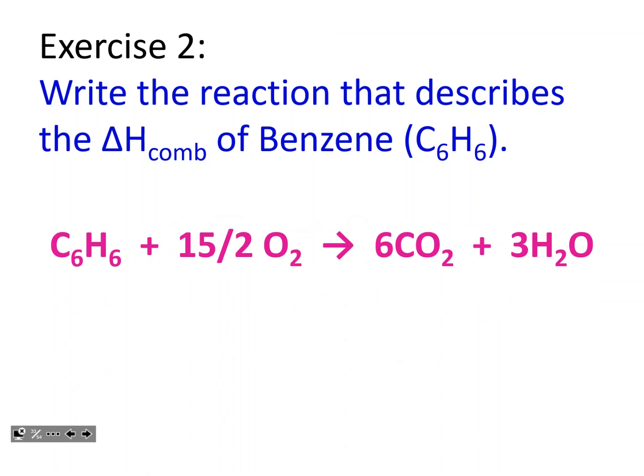Once again, these are for formation and combustion. Because it is defined that way, it has to be for 1 mole of that substance. So that's why we have to use fractional coefficients.